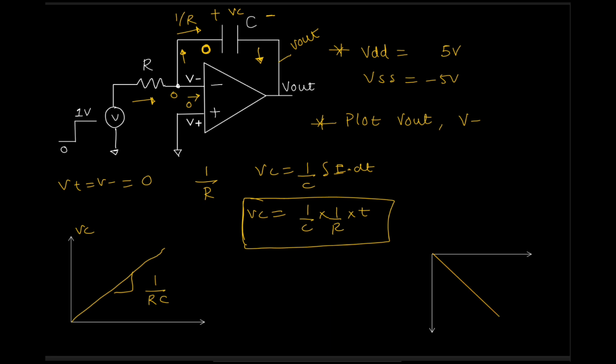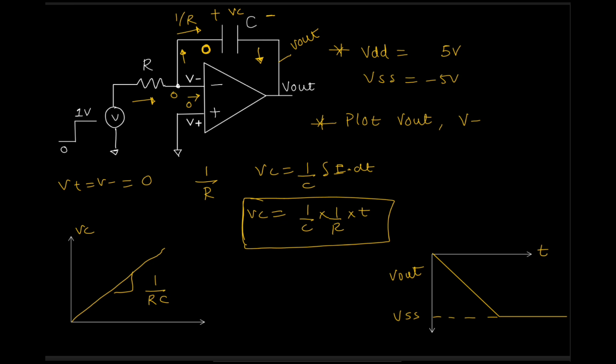And then they asked me, will it go to minus infinity? I told no, this depends upon the supply voltage, and then it will saturate to this value, and this value will be VSS. This is time. Okay, so this is the V out plot and this is the VC plot.